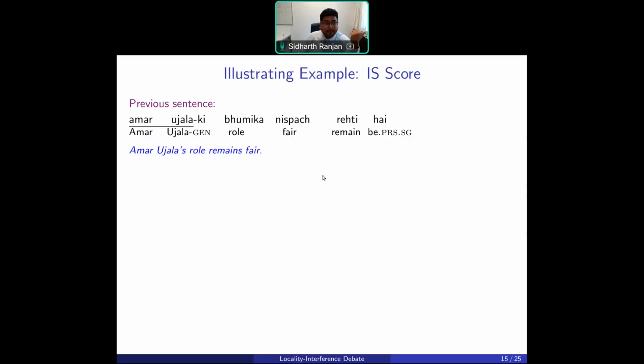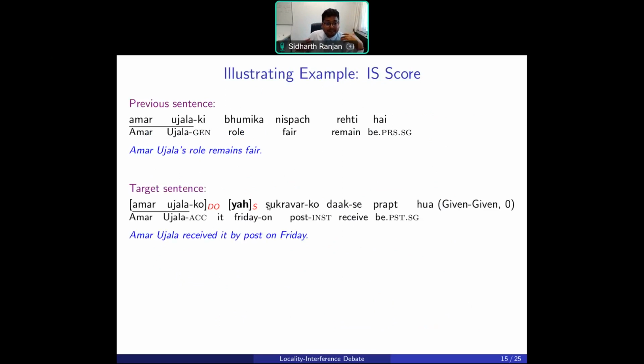Let's see this through an example. This is the preceding sentence in the corpus, and this is the target sentence that we are studying. These underlined words are actually the same. This word was previously mentioned in the discourse, and therefore this phrase, which is a direct object phrase, will be tagged as given. The subject phrase has a pronoun, which means it also has a link with the discourse information, so this also will be tagged as given.